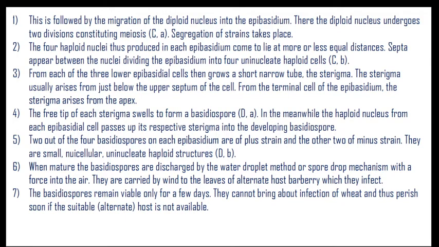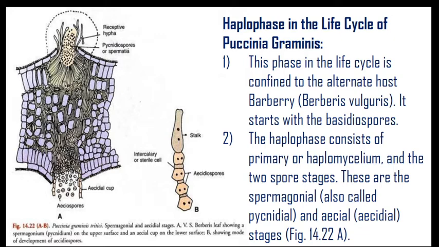So here are the many more consequences of the basidial stage, or the development of the basidial stage into basidiospores. Again, those basidiospores take a suitable alternate host and develop into a further new body. So here is the germination of basidiospores and the haplophase of the life cycle of Puccinia graminis. In this phase, the life cycle is confined to the alternate host, that is the barberry plant, Berberis vulgaris.